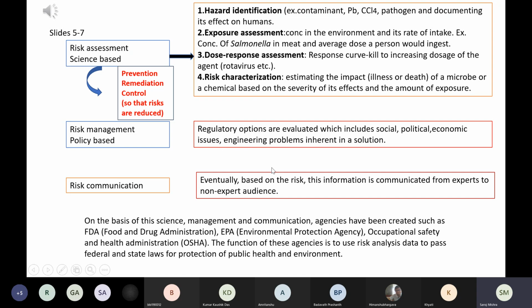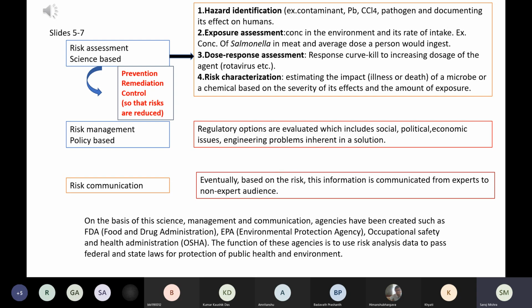Okay, then these regulatory options are going to be evaluated by economic issues, by social issues, etc. Then an engineer is going to find a solution: do I want to take a 20% risk, or set up a strategy whereby I clean up the water to a level where only 2 E. coli particles are left?